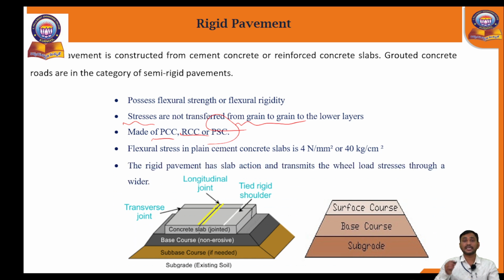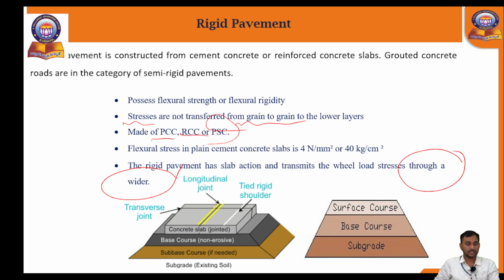Next, the rigid pavement has slab action and transmits the wheel load stresses through a wider area. When coming to the flexible pavement, the load stresses are transferred entirely to the subgrade layer, but in the rigid pavement it transfers to the wider section.